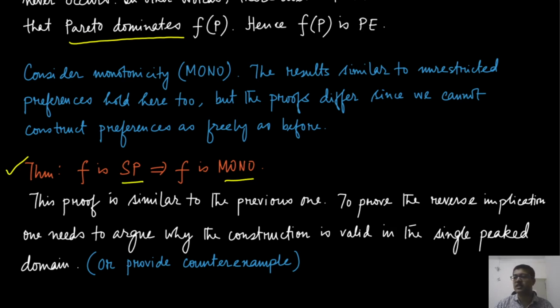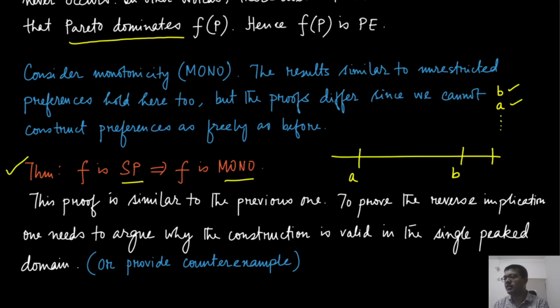We have seen this result, but for that we constructed certain things: we picked some alternative B on top, and right below it another alternative A, and we could do this for any preference, any B or A. Now in the single-peak domain, say you have A on the left and B is somewhere in between.